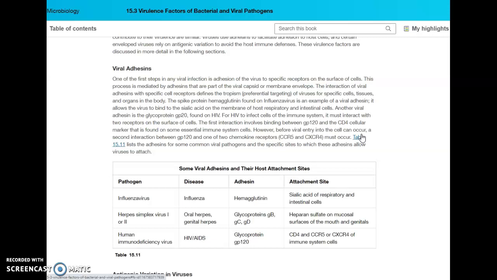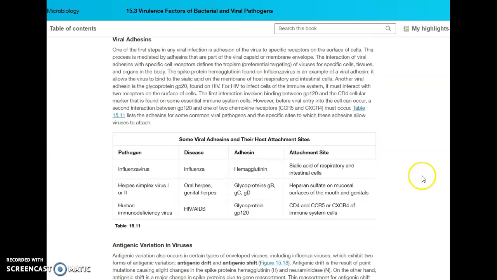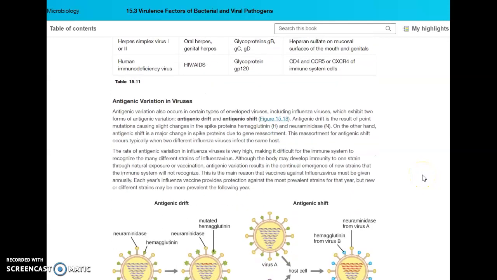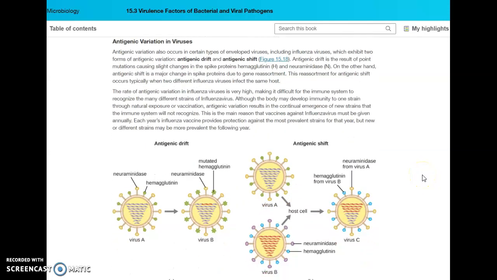You've probably heard about these in the news a lot because coronaviruses also use spike proteins to attach to their host cells. And in fact, a lot of viruses do. So viruses also need adhesins. If they can't attach, if they can't adhere to the host cell, then they can't cause disease. They can't infect our cells.